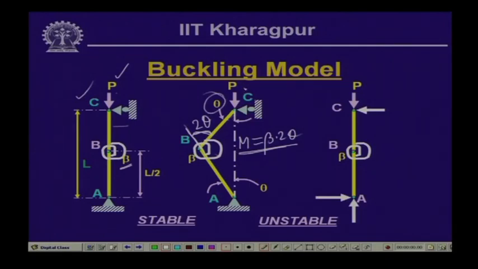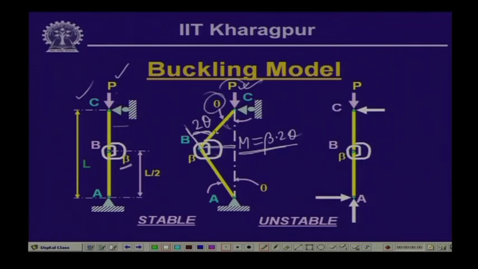On the other hand, what happens is this particular load P will try to increase this deformation at point B. That means it will try to increase this rotation theta.